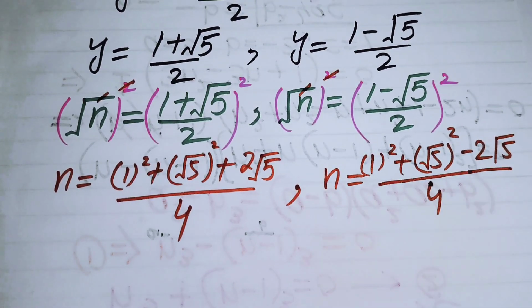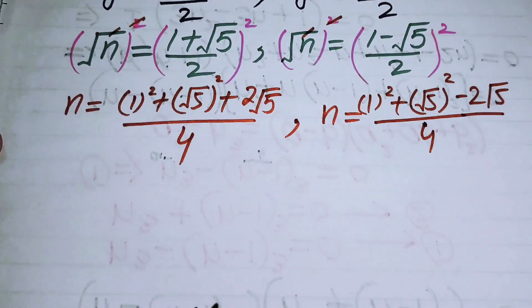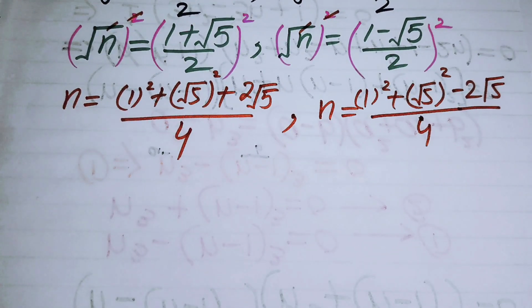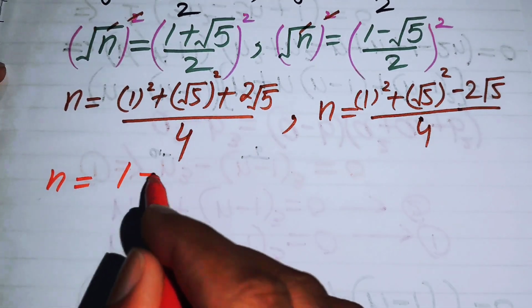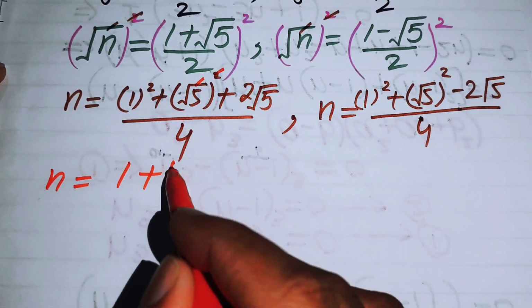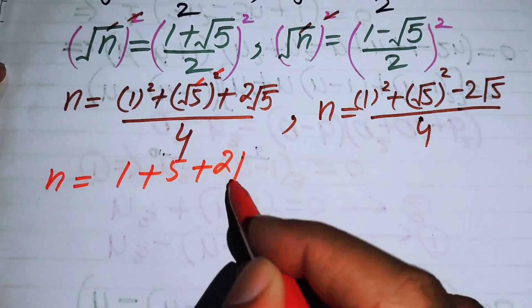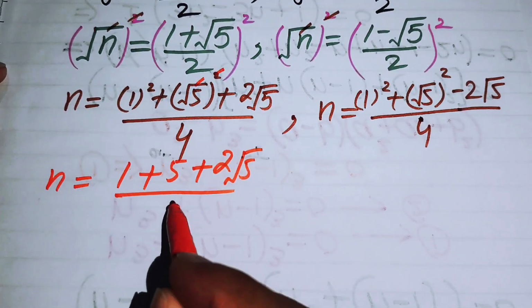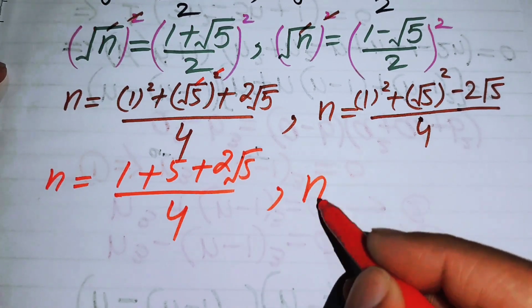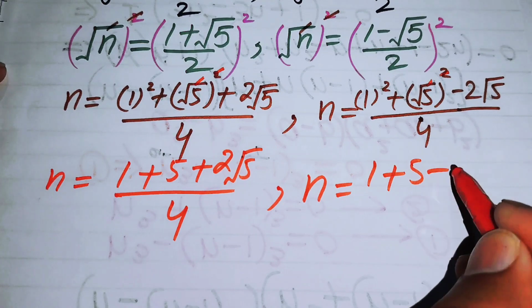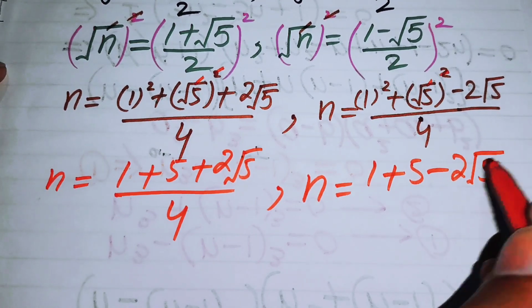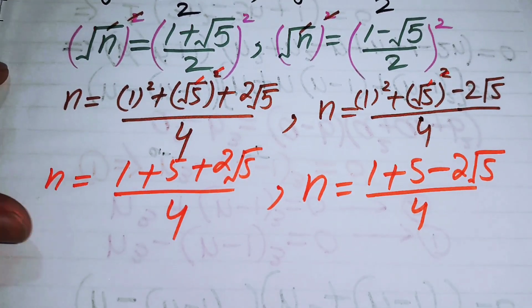In the next step we do a little simplification. We write n equals 1 plus 5 plus 2 times square root of 5, over 4, since the 2 and the square root are gone. Similarly, n equals 1 plus 5 minus 2 times square root of 5, over 4. We simplify the terms and obtain 6 plus 2 times square root of 5 over 4, and similarly n equals 6 minus 2 times square root of 5 over 4.